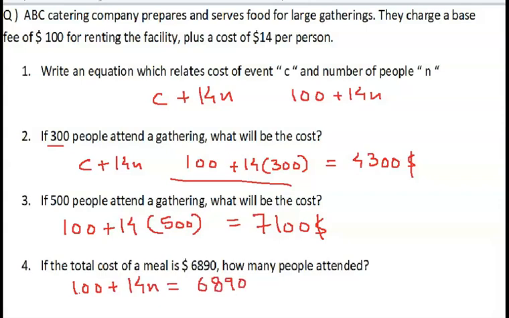We just have to isolate N. So 100 is subtracted from here, divide by 14, and N equals 485 people.